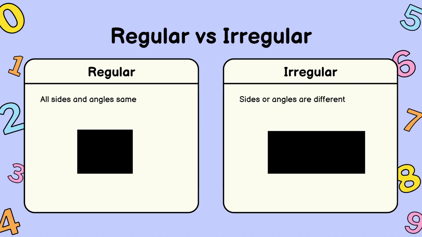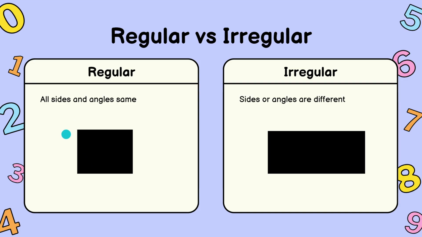On this slide, we are exploring the difference between regular and irregular polygons. First, let's look at regular polygons where all sides and angles are the same. Picture a perfect square or an equilateral triangle.